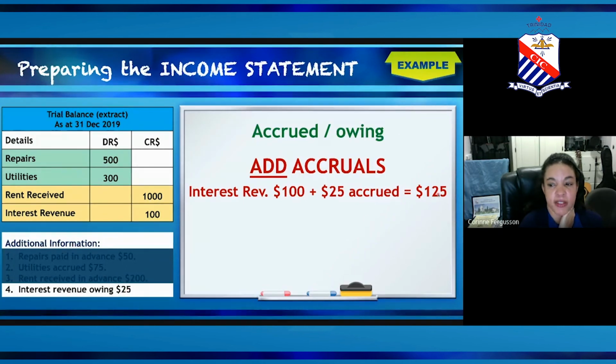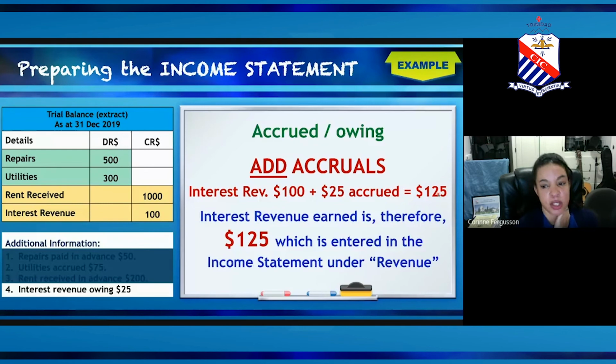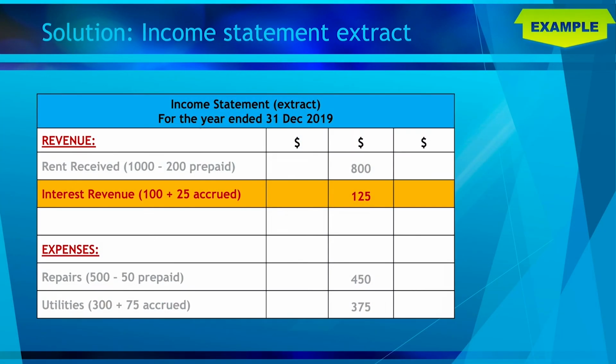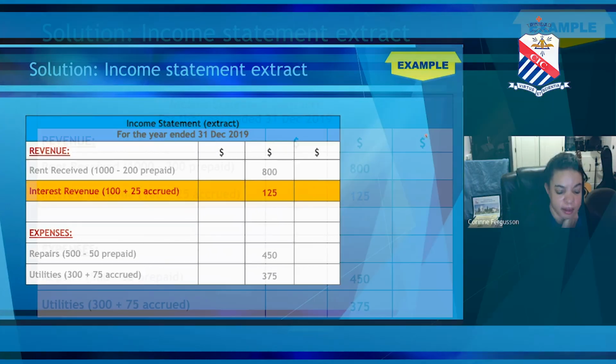That gives you $125. That is the amount that is earned, goes into your income statement like this. Under revenue, interest revenue, 100 plus 25, and you put your answer in the column there.